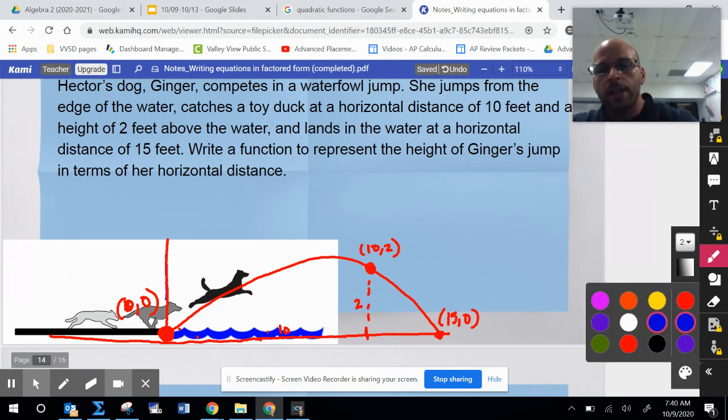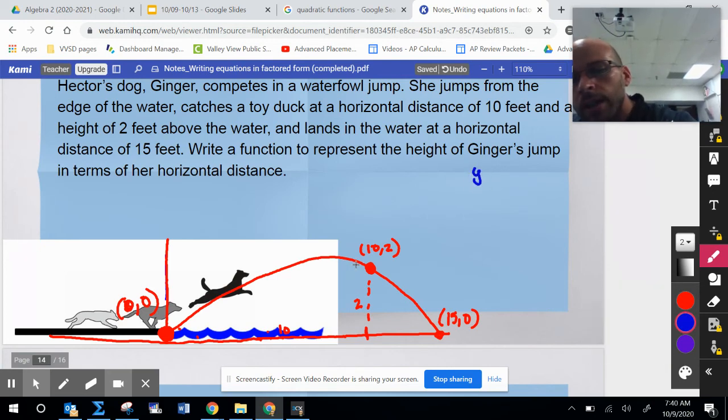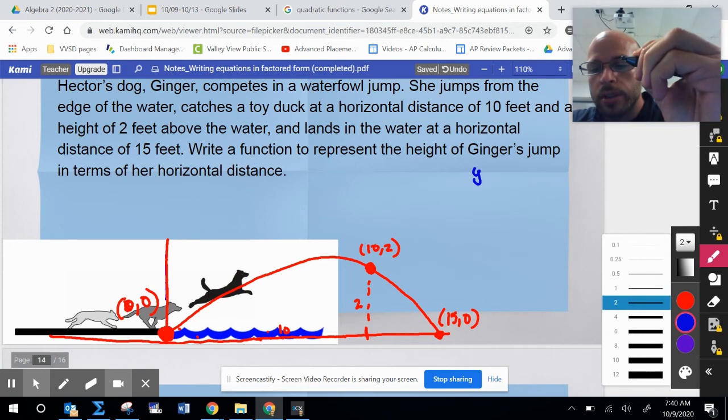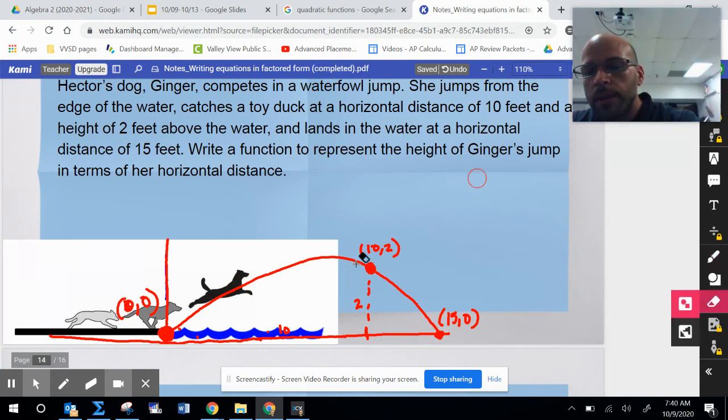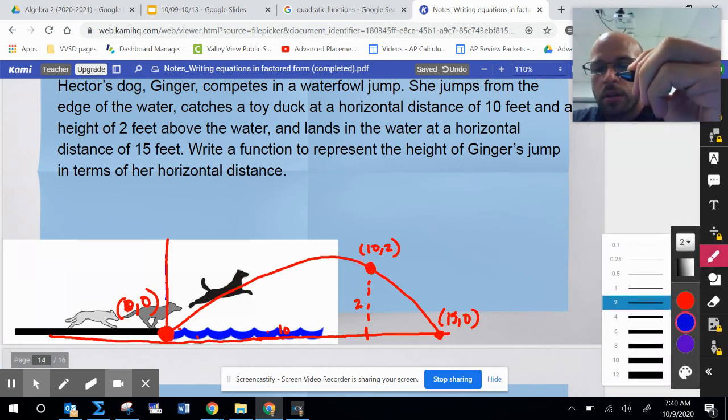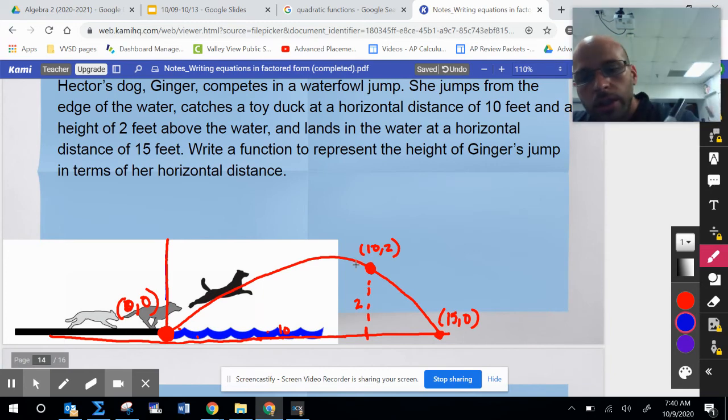So we can write the equation for this quadratic. Let me make my pen a little smaller here. I need room to write. There we go. All right, so I'm going to start with my formula: a times x minus r1 times x minus r2.